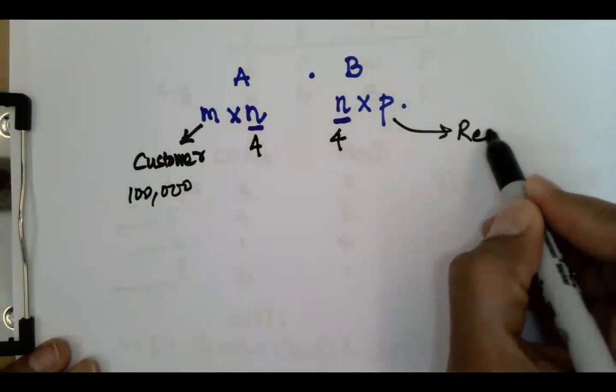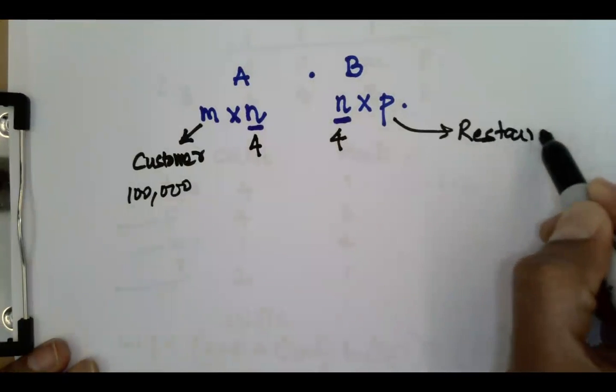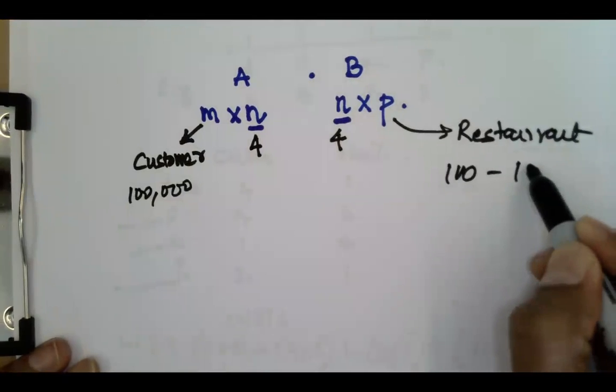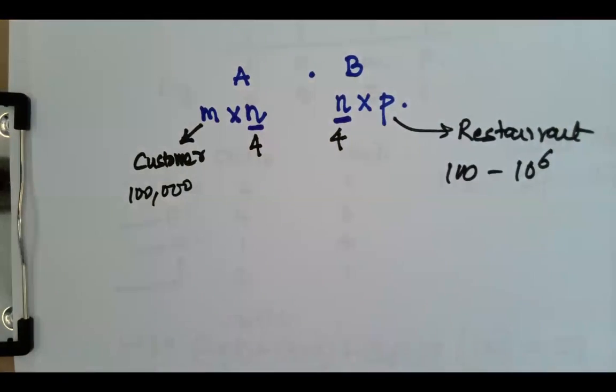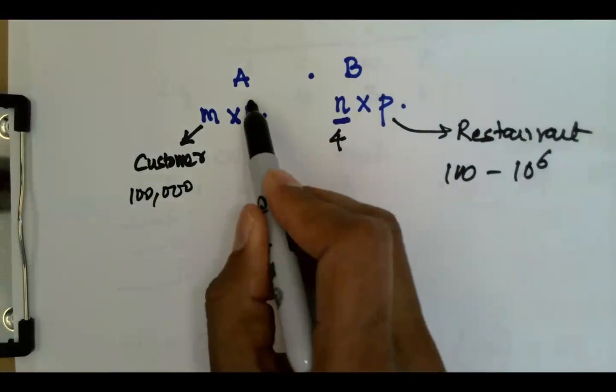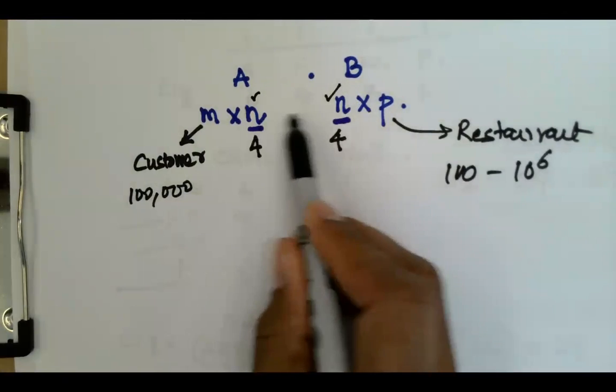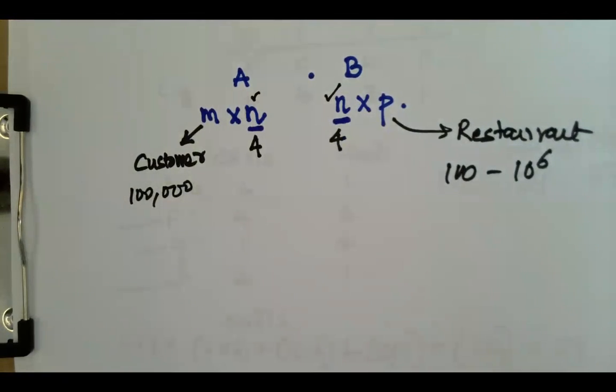P represents the restaurants, and this again can go from hundreds to millions, whatever the value. We don't really care, as long as these inner dimensions, the columns of the first matrix and the rows of the second matrix, are the same. You can do the multiplication, and you will get a single value decomposition for all those parameters.